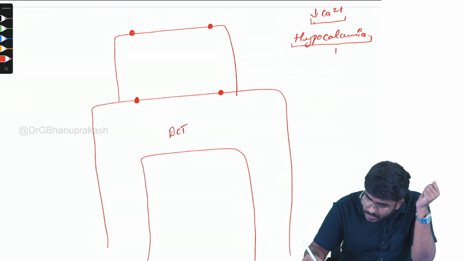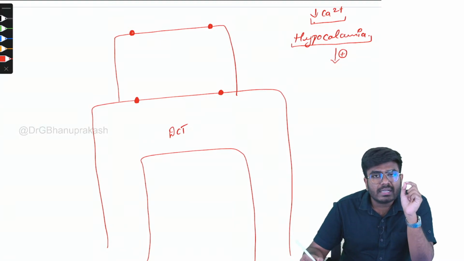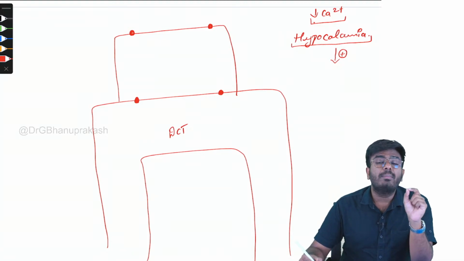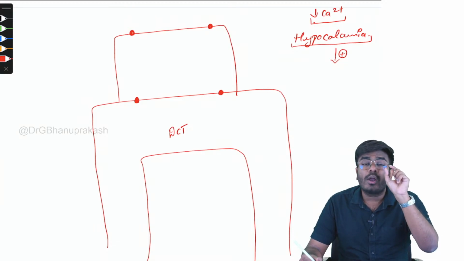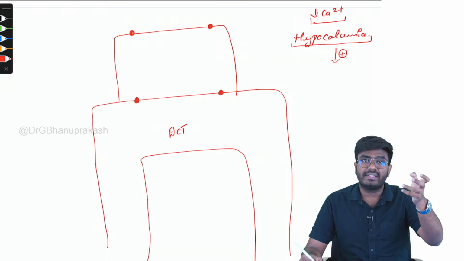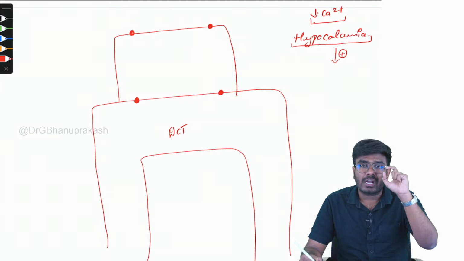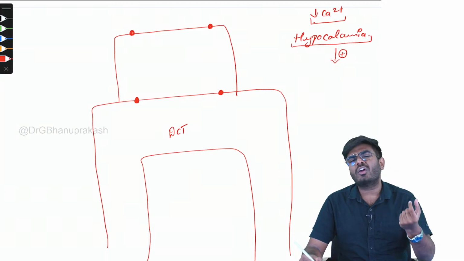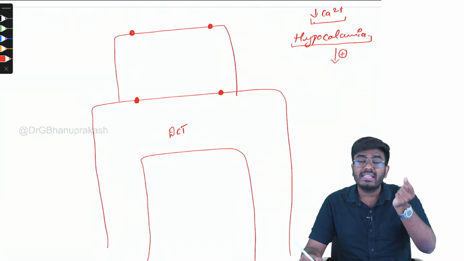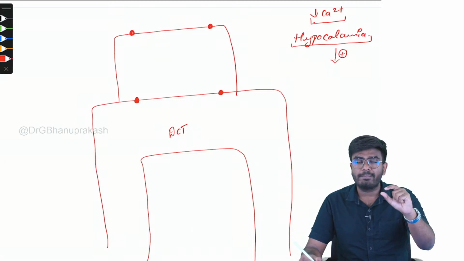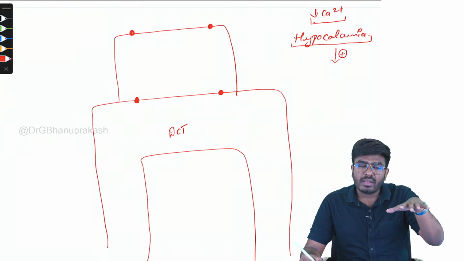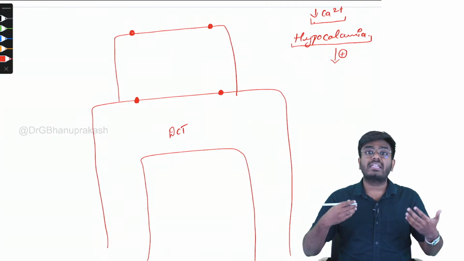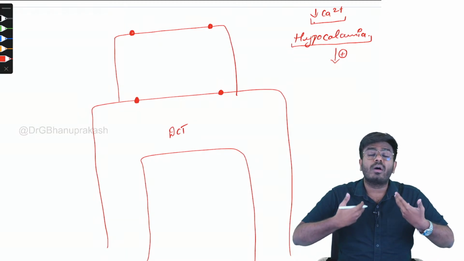Whenever there is hypocalcemia in your body, there is one gland which all the time looks at the blood calcium levels. If blood calcium levels are going down, this gland will be activated and tries to increase the blood calcium levels.